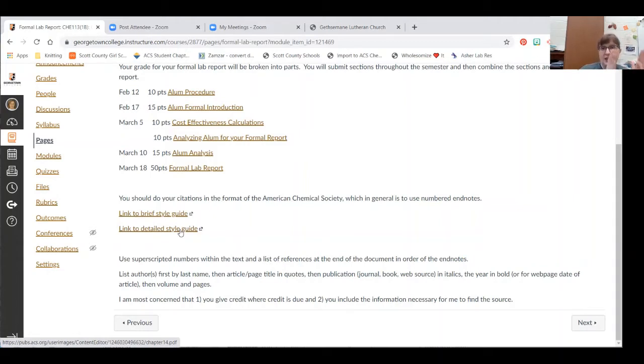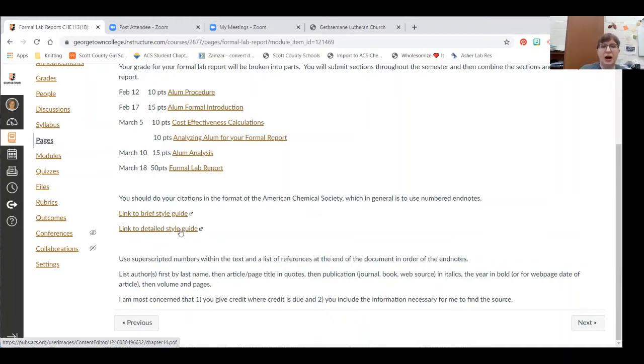You can say, this is where that claim came from. This is where that information came from. And when you give that information, you're giving me enough that I can go and find it. Don't make it hard for me. So don't just say, oh, it was in this journal, or I found it on the web. You're going to tell me how to get to that website or how to get to that journal article.